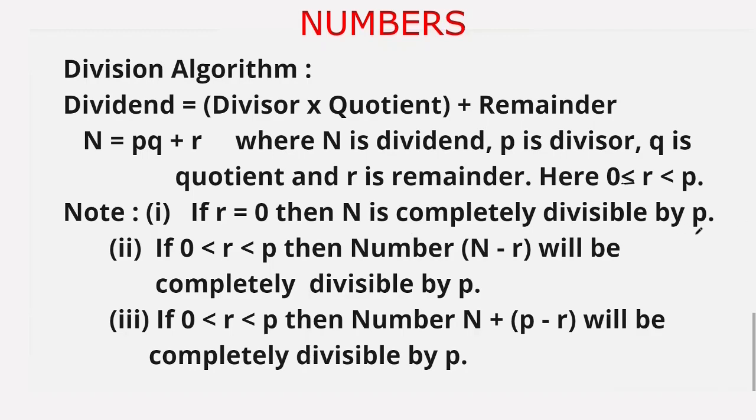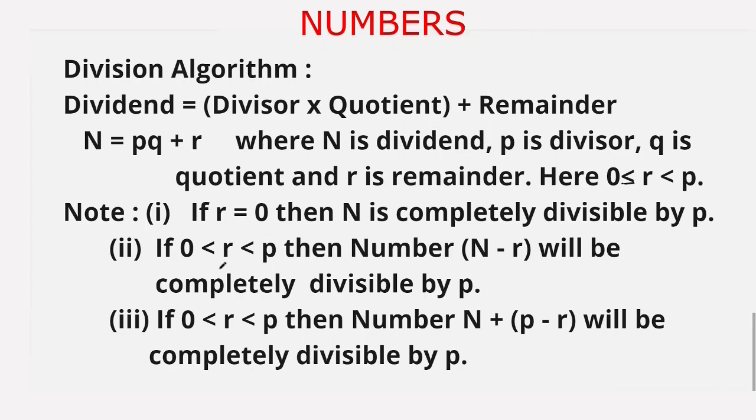It means that when dividend n is divided by divisor p, it completely divides the dividend n and there is no remainder left, or the remainder is 0.